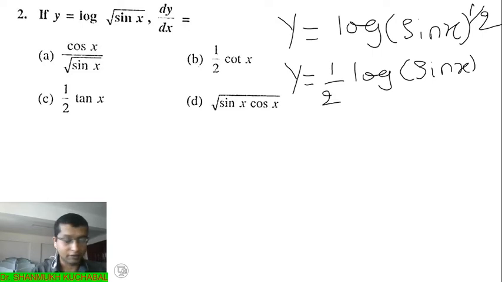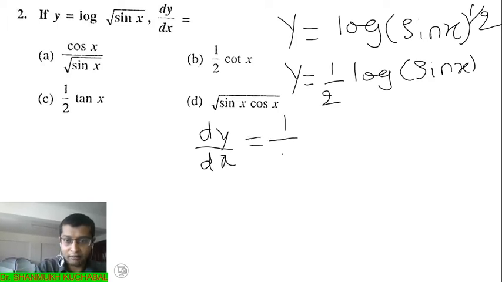Further we differentiate this. Dy by dx: keep the constant as it is, because when a constant is multiplied by a variable, we write the constant as it is and differentiate the variable. These are properties of differentiation. Log of f of x gives 1 divided by sin x.